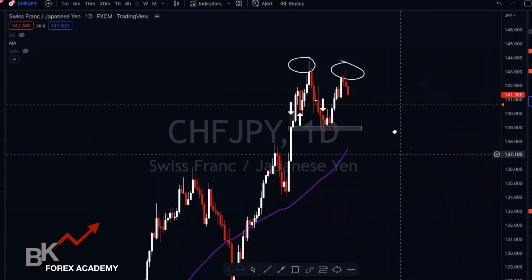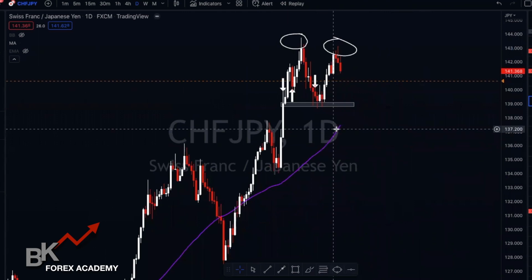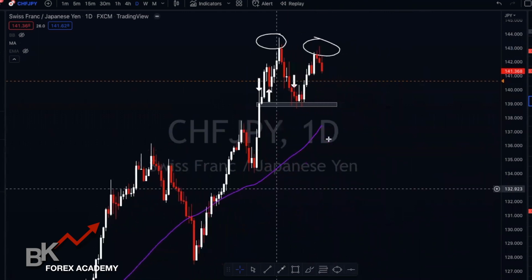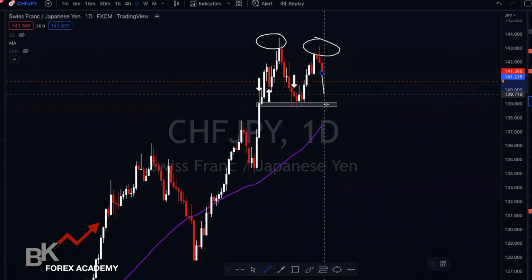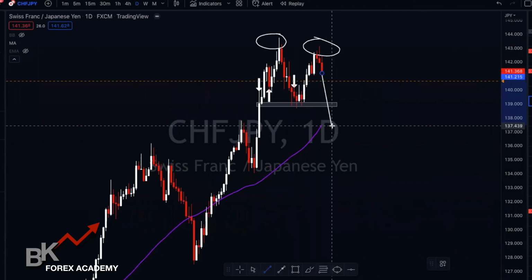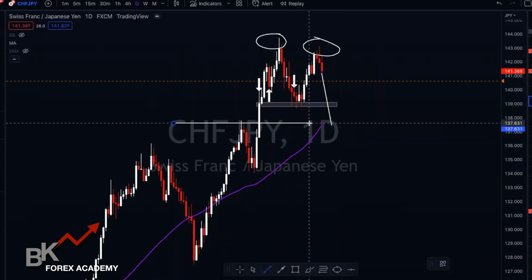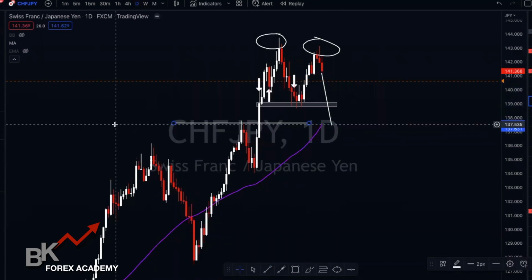However, we do want to keep in mind, if you trade with the 50 MA, for example, this 50 MA is acting as dynamic support in this uptrend. So what we would expect is that if the price does eventually break this neckline here, the next area that it's going to come to is right above our 50 MA, which also aligns with a very strong area of resistance. And I'm sure this was previous support if we scroll out.